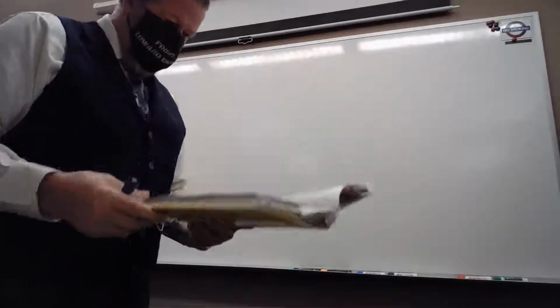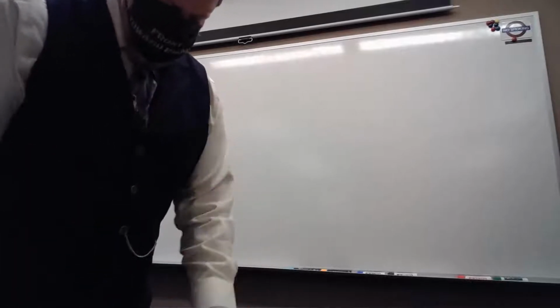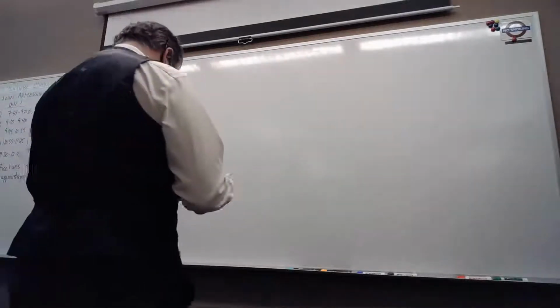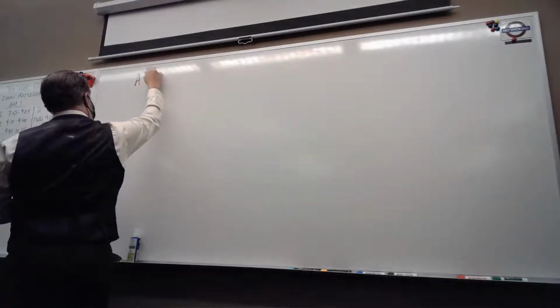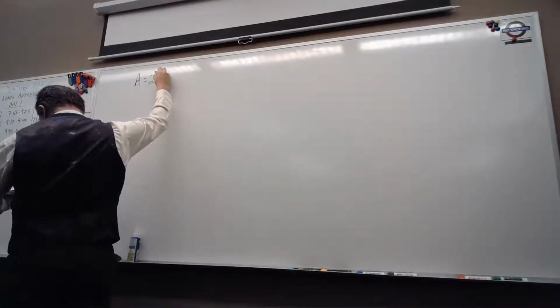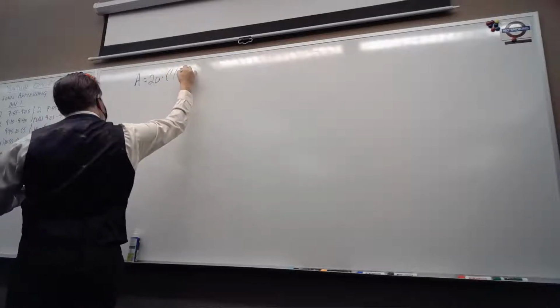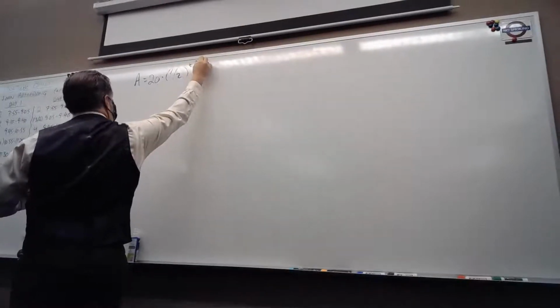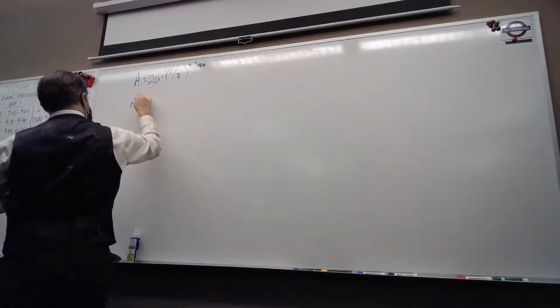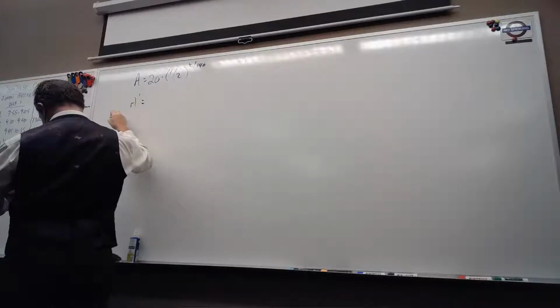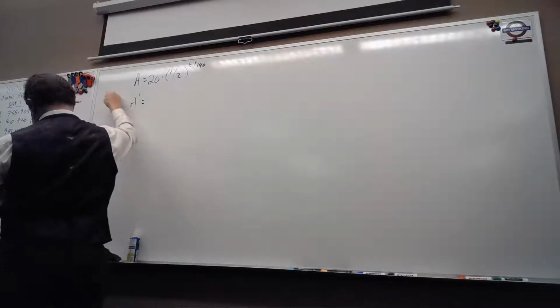Radioactive decay. A equals 20 times 1/2 to the t over 140. Find the rate at t equals 2 days.